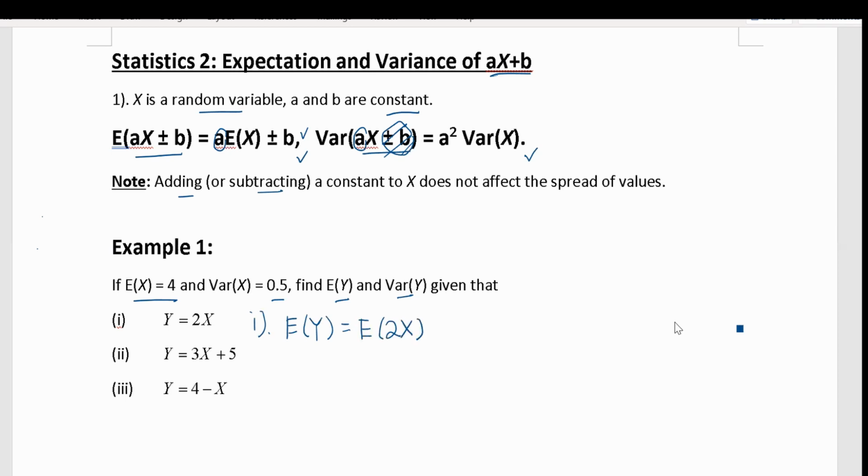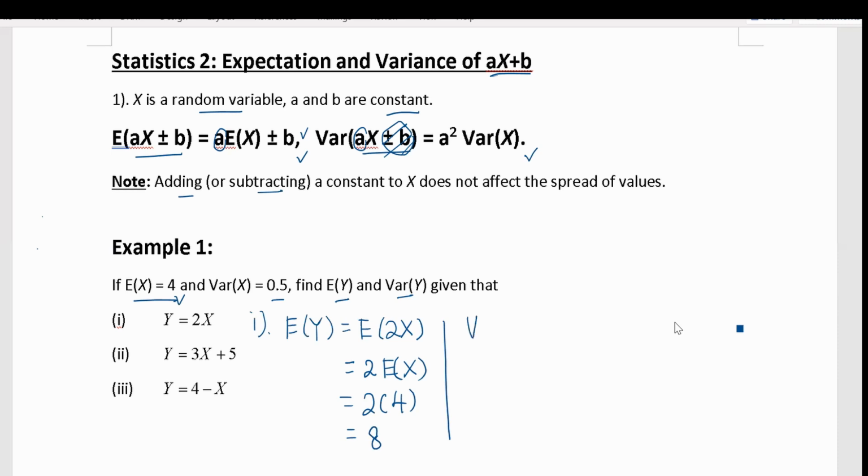Refer to the first formula for the mean. When you have a constant with the variable X, you can just write it down at the side like this. And we know E of X is given as 4. Hence, E of Y is 8.